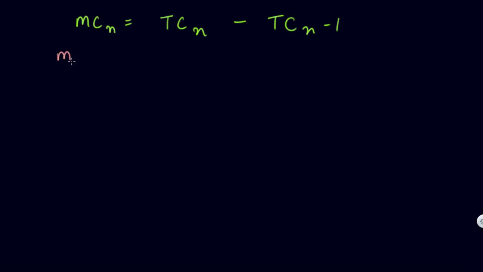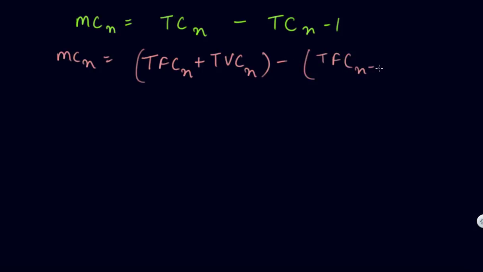Now, your marginal cost of n, what is your total cost made up of? Your total cost is made up of your fixed cost and variable cost. So we can divide this into two parts. Total fixed cost of n plus your total variable cost of n, minus your total fixed cost of n minus 1 plus your total variable cost of n minus 1, right?